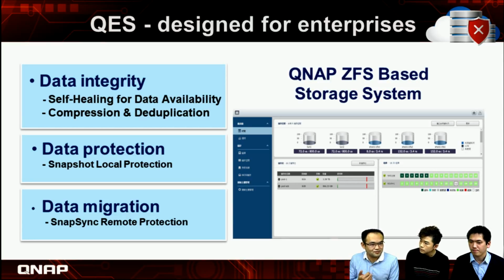It also provides inline compression and inline deduplication to make your storage used efficiently. It also has data protection: QES supports Snapshot to protect your data on the local site. And we also have a data migration solution, SnapSync, which helps you migrate your data to a remote site for disaster recovery.